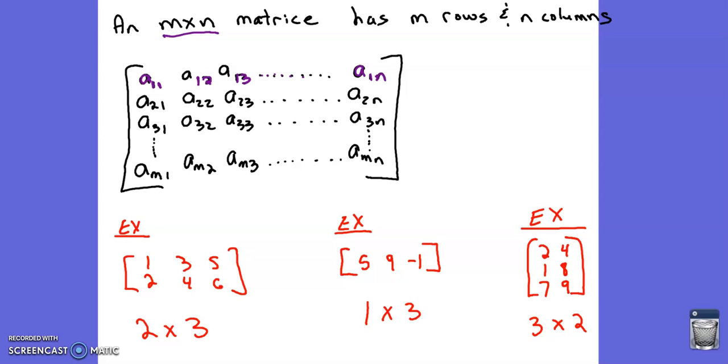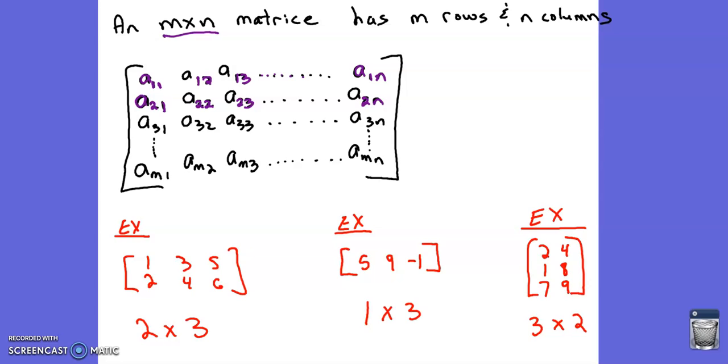Again, this could be just a small matrix, but this is a general format. And so this is row 2, column 1. Row 2, column 2, row 2, column 3, and then dot, dot, dot, all the way to row 2, column N. We don't know how many columns there are.